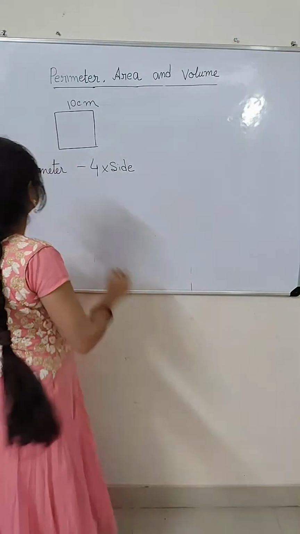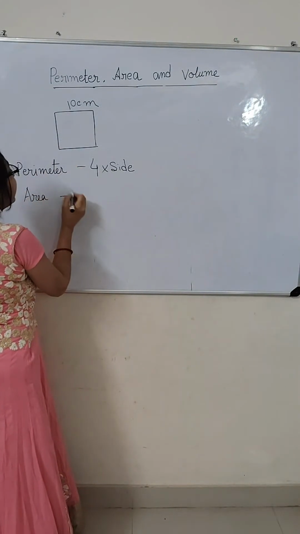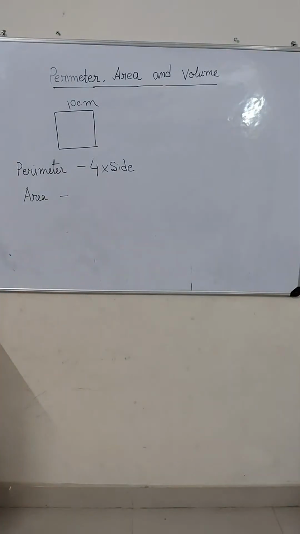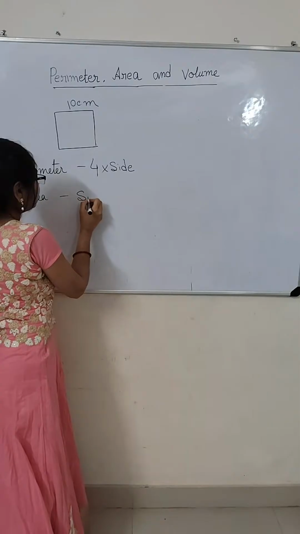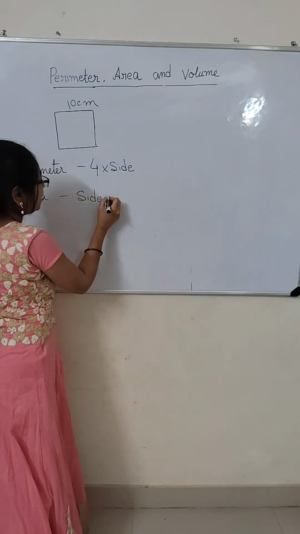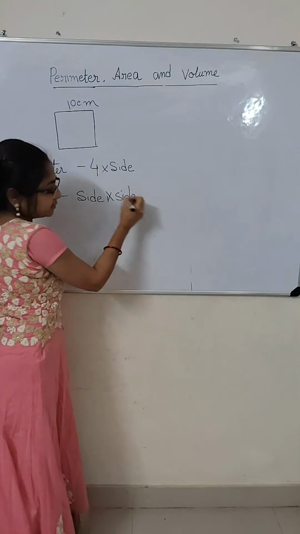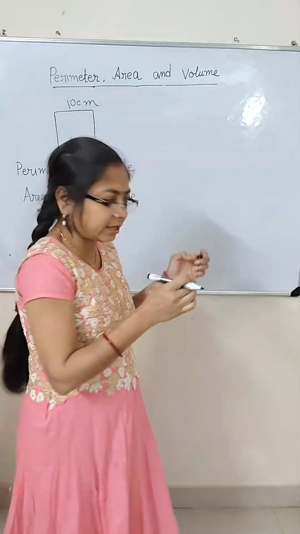Next, area. Area means side into side. First I give an easy maths, and after that I give a little bit hard.